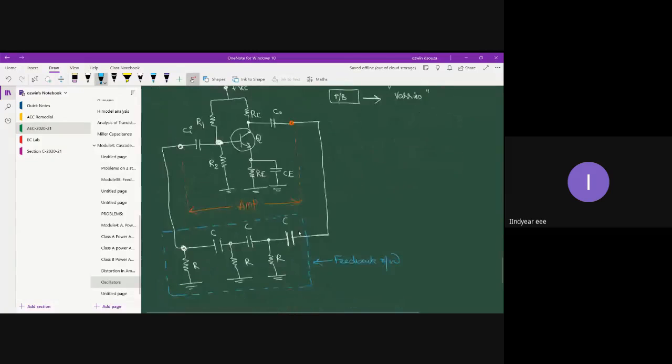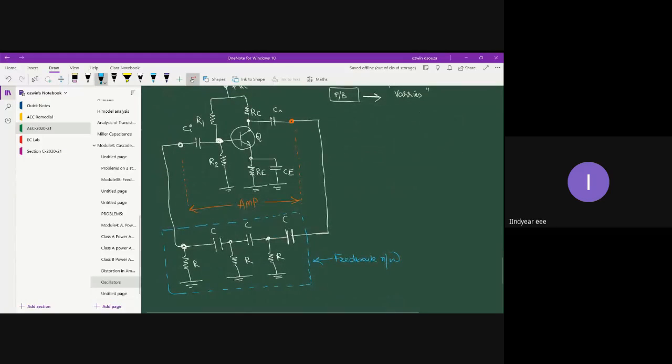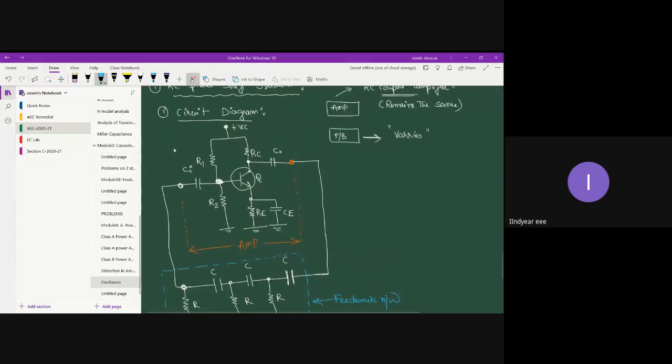Why phase shift? Because each single stage of RC elements will introduce a kind of phase shift. Now this RC coupled amplifier offers 180-degree phase shift, because the RC coupled amplifier is a common emitter amplifier, right?